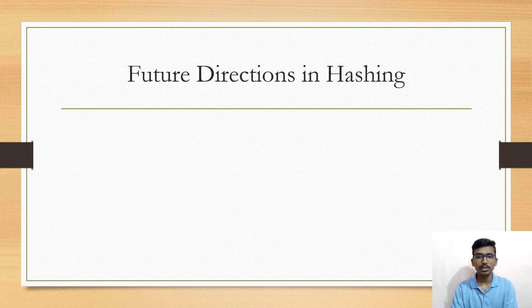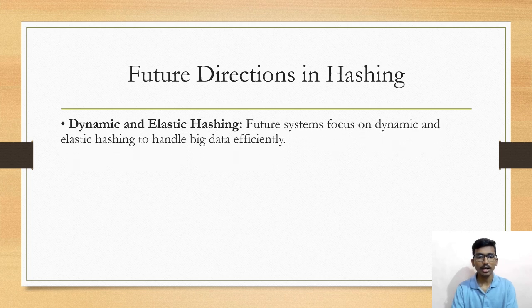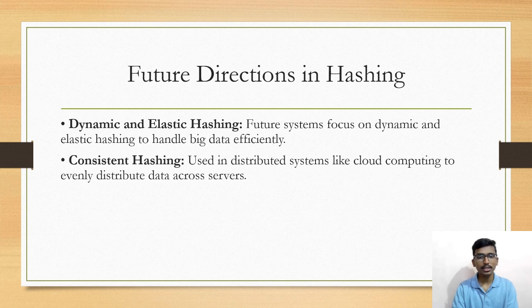Future directions in hashing. Dynamic and elastic hashing. Future systems focus on dynamic and elastic hashing to handle big data efficiently. Consistent hashing is used in distributed systems like cloud computing to evenly distribute data across servers.